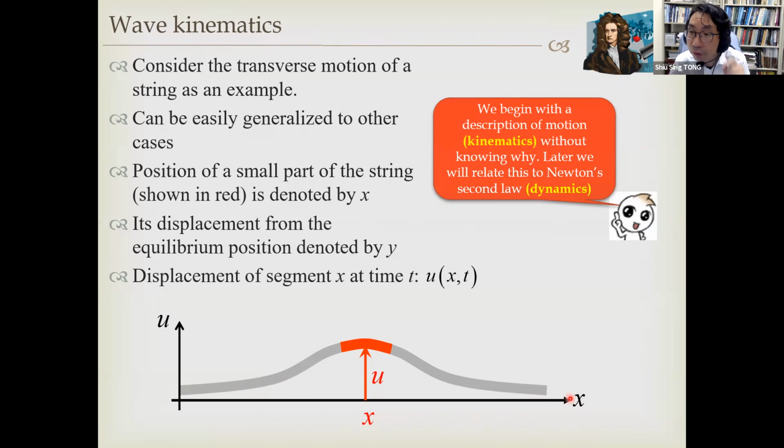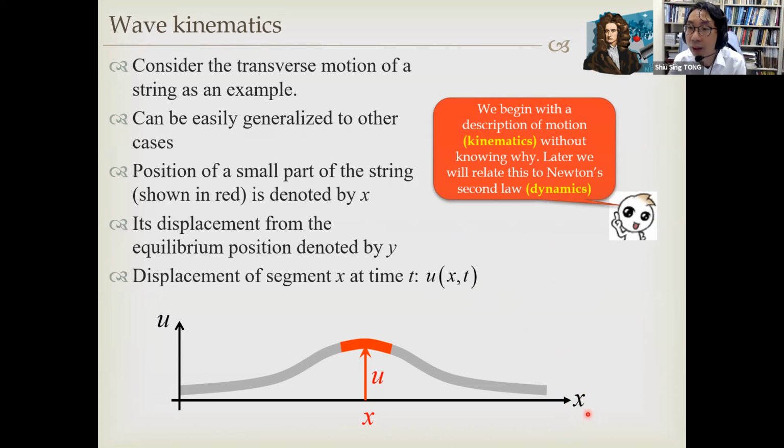Now, it's different from your previous notation. In your previous notation, in kinematics, you use X to denote the position of a particle. And the position of a particle may change with time, right? The position of the particle is here at time 0 and there at time t equal to, say, 1 second. So X in that case depends on the time. But now we use X in another way.